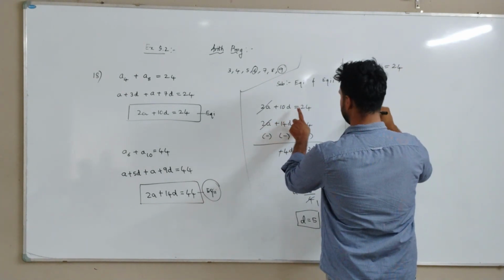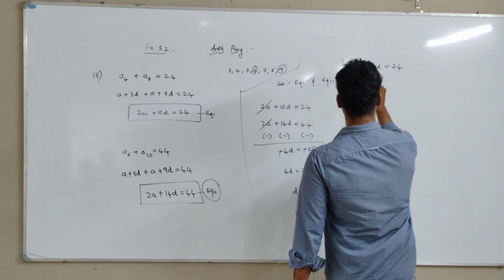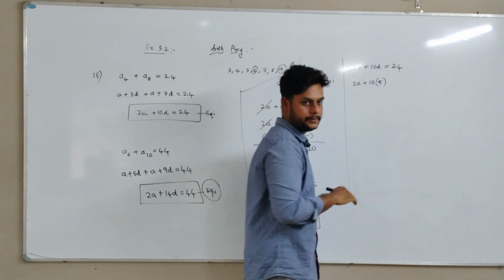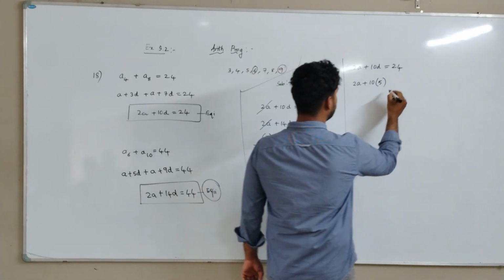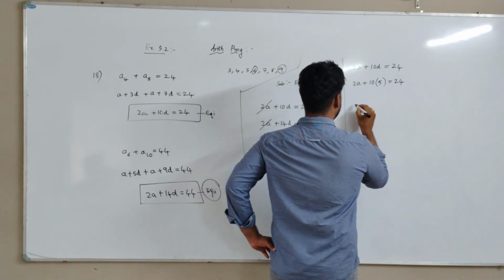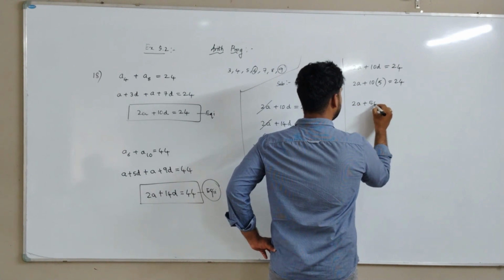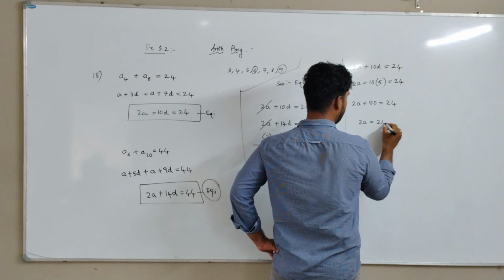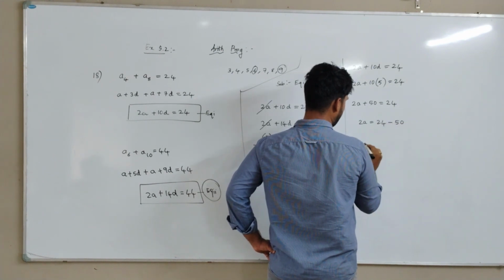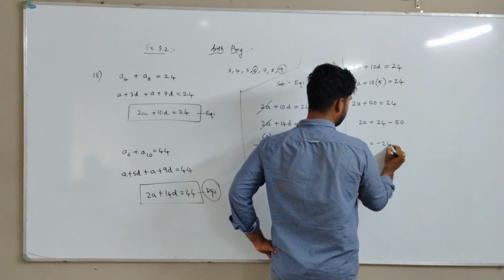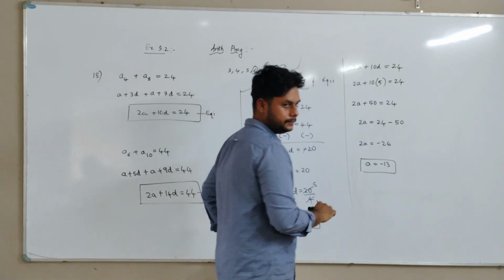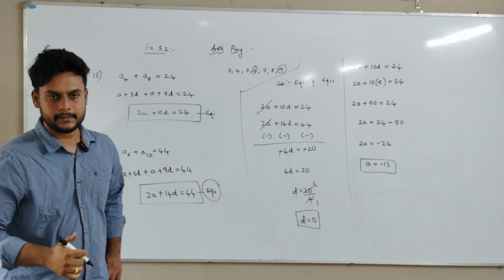This was equation 1. 2A plus 10 of D, D means 5, is equal to 24. 2A plus 50 is equal to 24. 2A is equal to 24 minus 50. 2A is equal to minus 26. A is equal to minus 13.